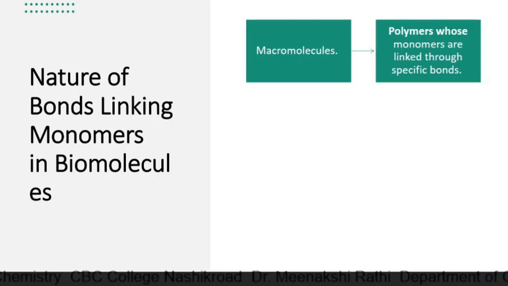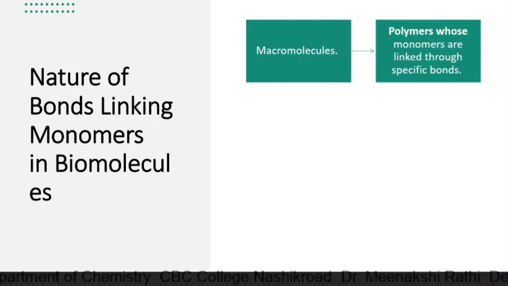Proteins are made up of amino acids. So amino acids are joined with each other through one special bond that is called as peptide bond. So we are discussing how different types of bonds are present in biomolecules.